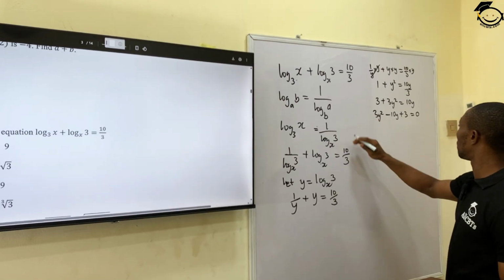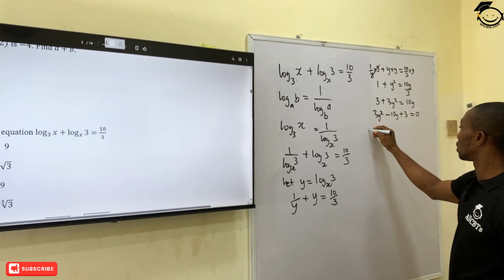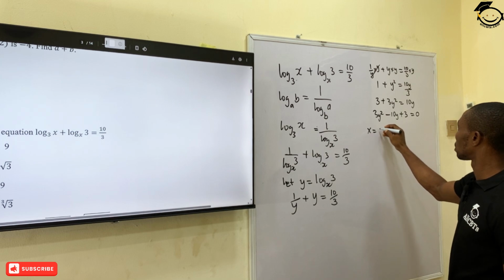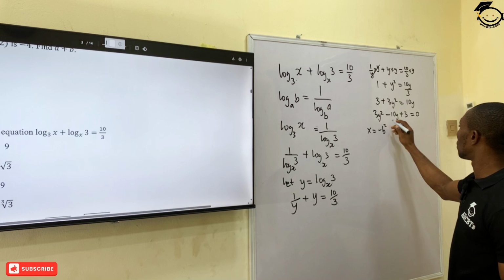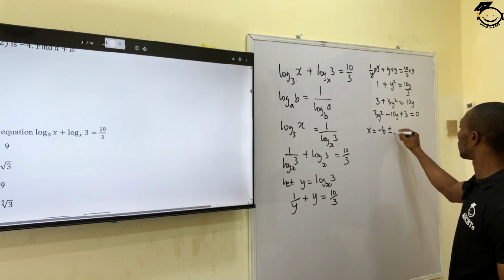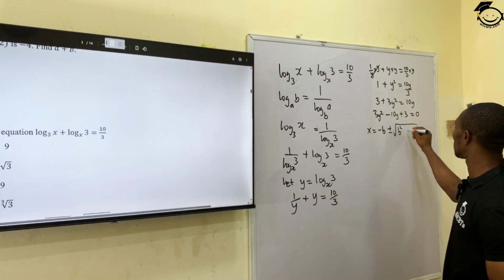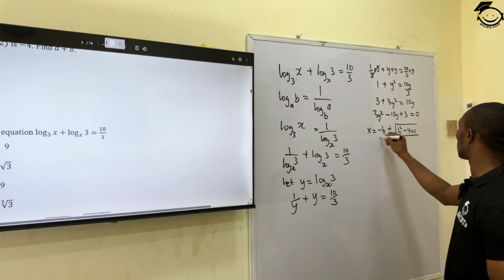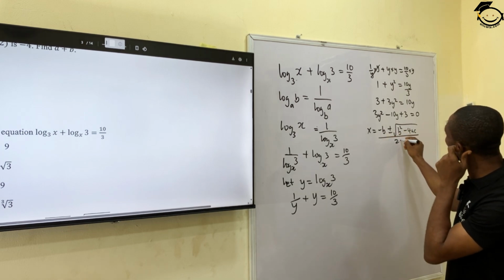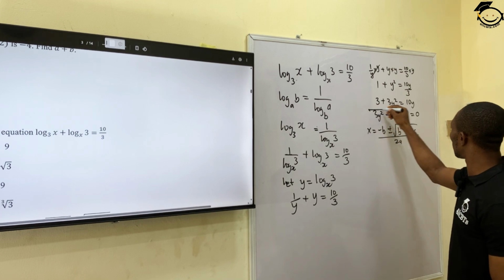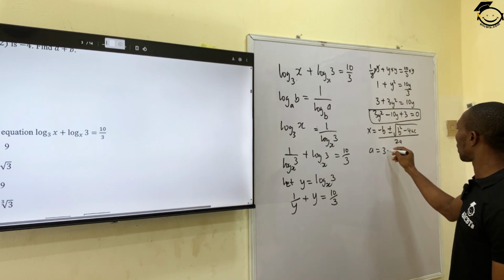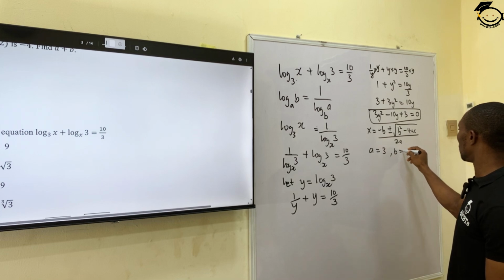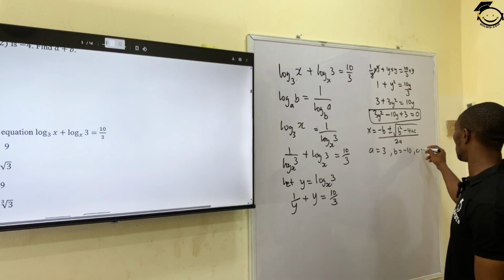Quadratic formula, which says x equals minus b plus or minus root b squared minus 4ac all over 2a. From this equation, our a is 3, our b is minus 10, and our c is 3.